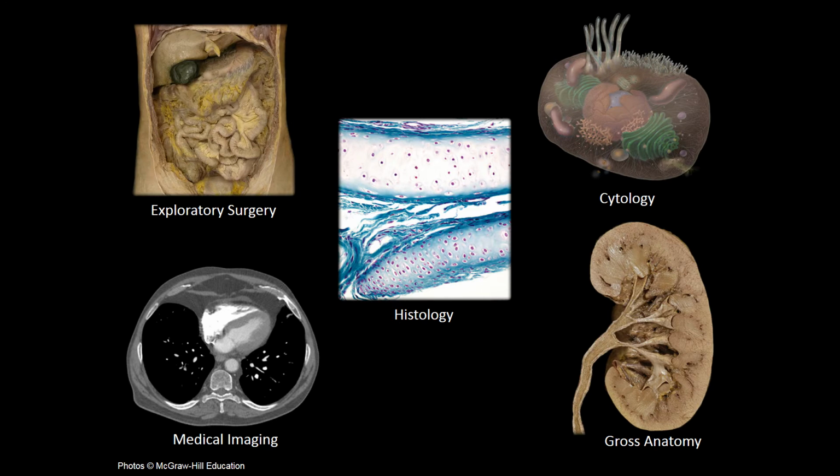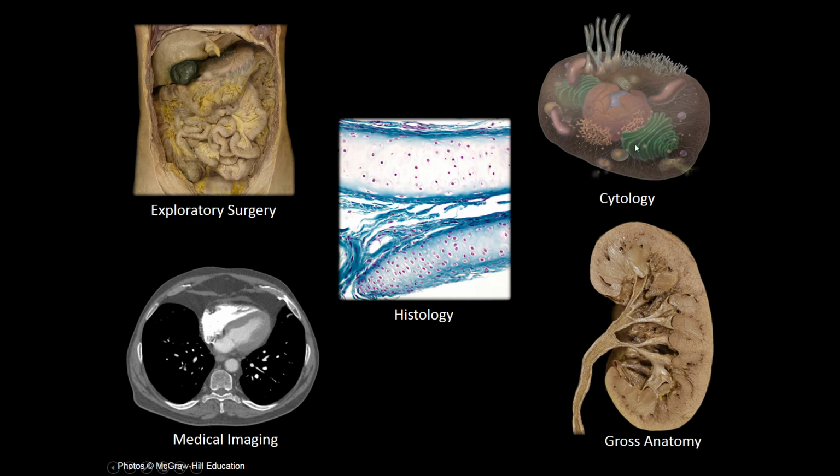So in this figure, we are looking at different levels of studying the body structure. As we said before, you can use exploratory surgery by opening the body to see the internal organs. Also, you can look with a microscope at the different structures or cells, and in this case this will be histology.